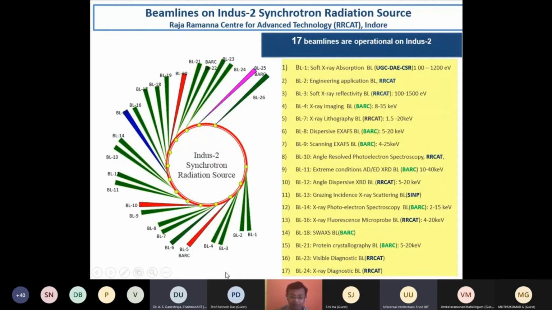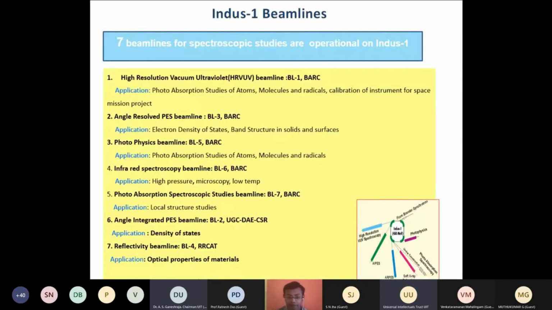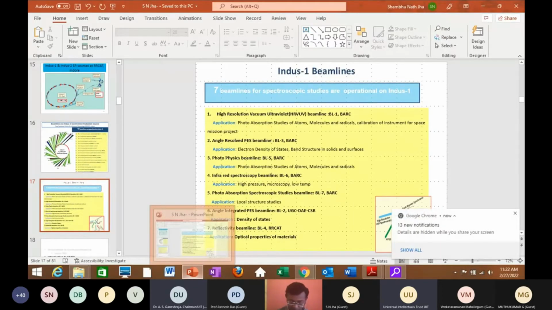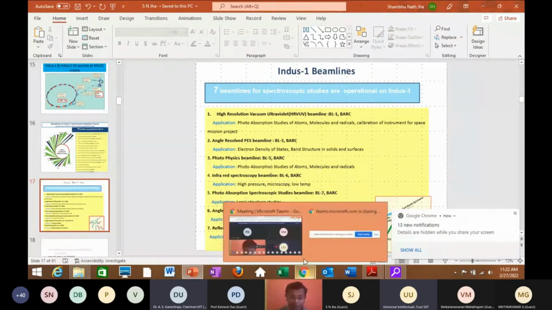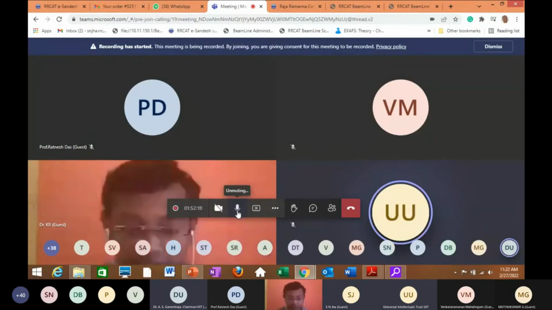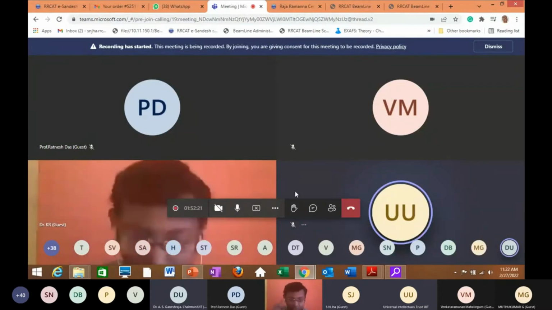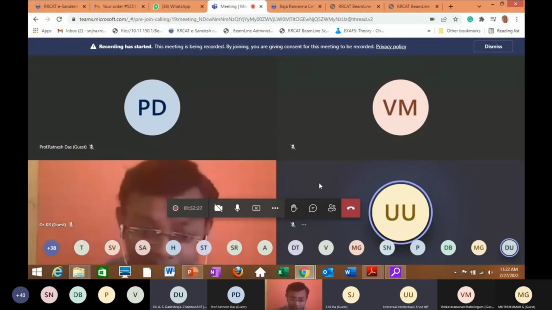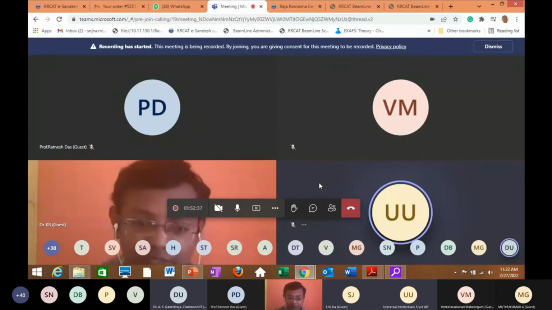It's not audible. Audible now? Yes, sir. So how long was it not audible? Clearly audible now. You could see only the last slide, or much before that? It was not audible from that last slide, that yellow plus slide, the beamline listing. Okay, I'll just share the screen again. One minute. Sorry.